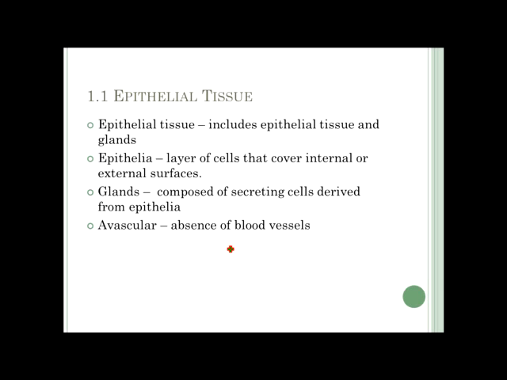Glands are composed of secreting cells that are derived from epithelia. An example of a gland is endocrine glands, which are all throughout your body, and they secrete things that allow the organs to communicate cohesively. And then avascular. Most epithelia on the surface have an absence of blood vessels.